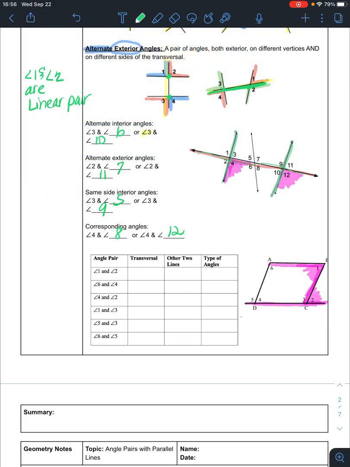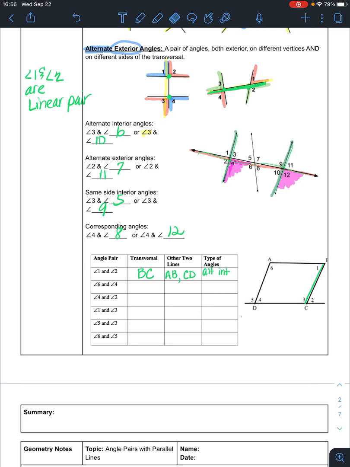Remember, the transversal is the one line that touches the two or more lines. So BC has to be the transversal because it's the one that's touching both lines. The other two lines are AB and CD. It doesn't matter what order you name them in or what order you use the letters in. Now let's look at 1 and 2. They're on alternating sides of the transversal and they are both in between those two lines. They're interior, so they are alternate interior angles.